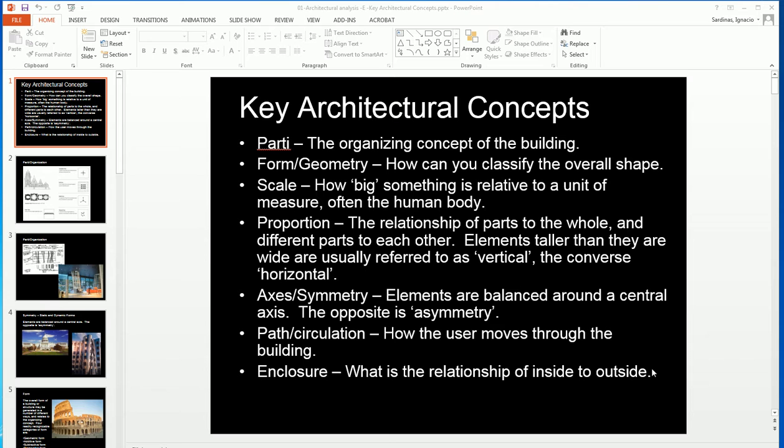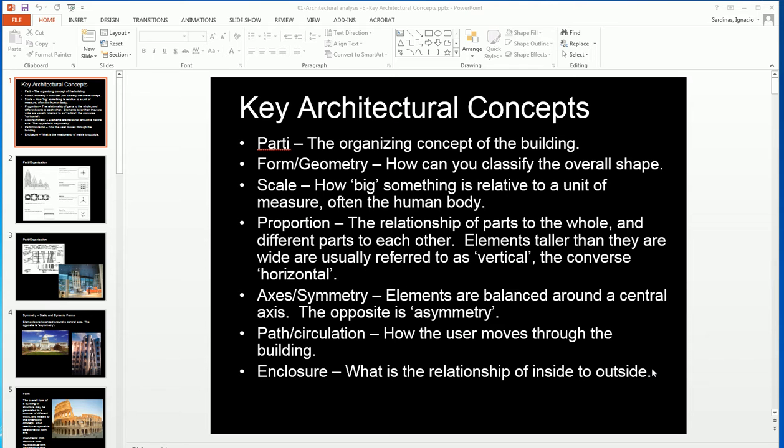You perceive that, right? Your mind's saying, hey, this is big and tall. It's not big and tall compared to the Empire State Building. It's not big and tall compared to an ant. It's big and tall compared to you as a person and your body. So that becomes a key thing that you need to understand, which is scale.